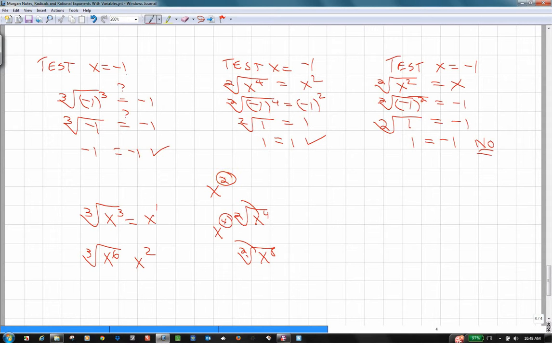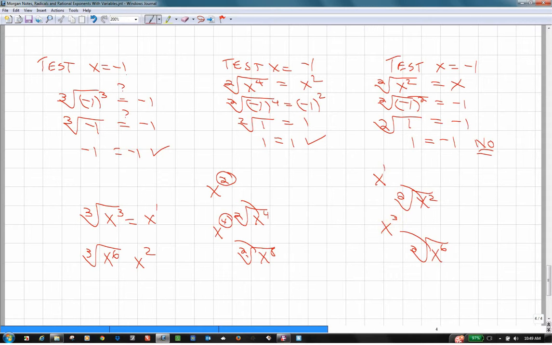That's also okay. The problem occurs when I'm taking an even index and when I simplify it, it comes out, and the power on what comes out is going to be odd. If I'm using a negative number, it's going to be negative on the outside also.